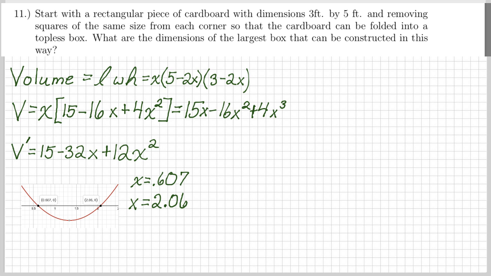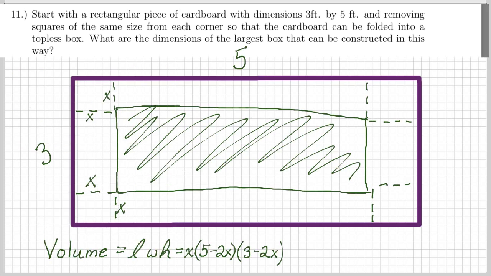So let's think about the bounds for x. I'm going to go back to the previous slide that has the picture that I drew on it. How big can x be? Well, how small can x be, first of all? X can be 0. That's fine. But in that case, our box is going to have volume 0.